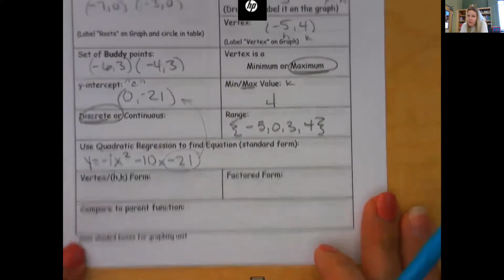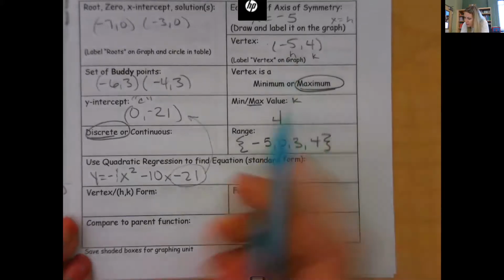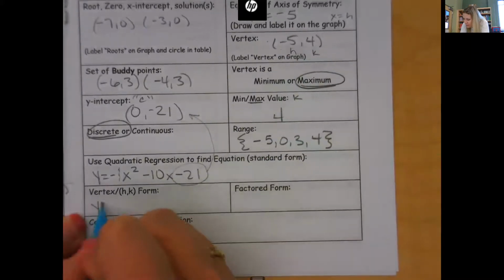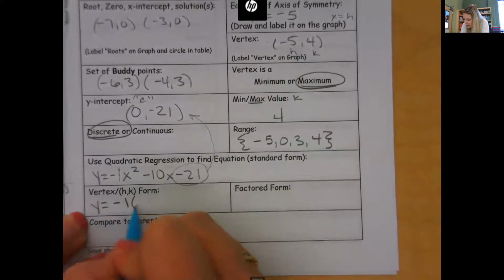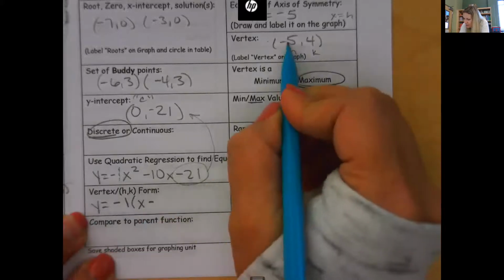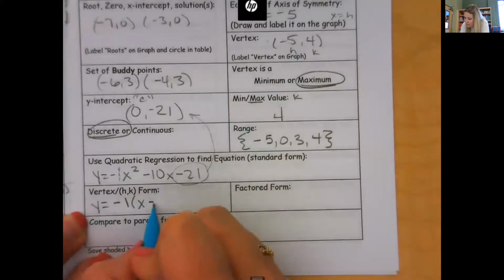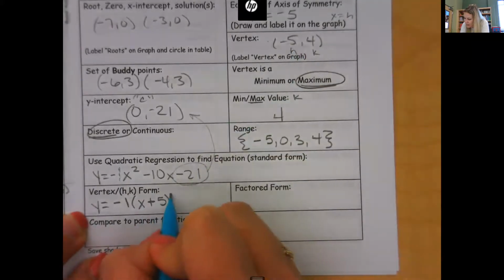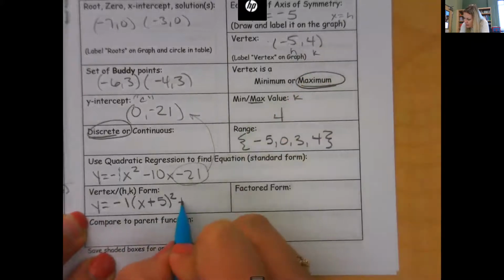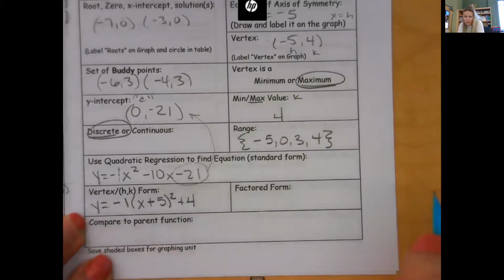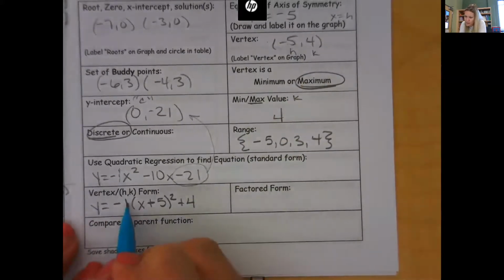Vertex form, all right, so h, k, here's our h, k. y equals a is -1, x minus h. Now h is negative, so minus a negative is a positive. Insiders lie. k is +4. What does this mean compared to the parent function?